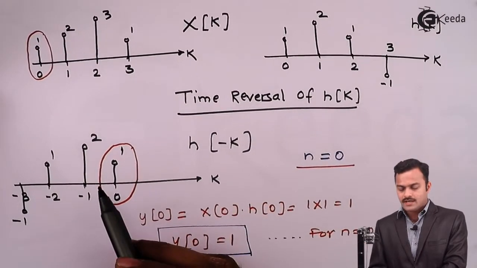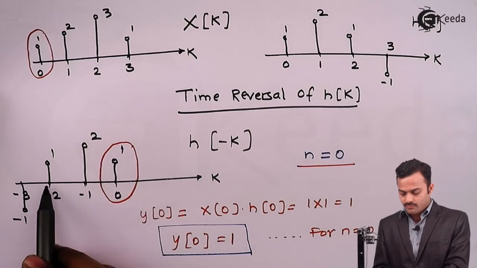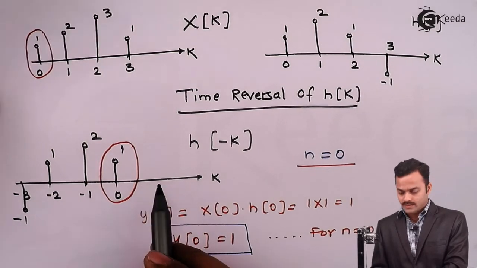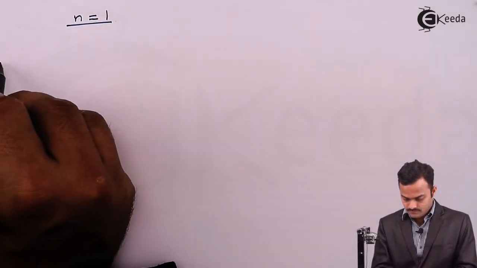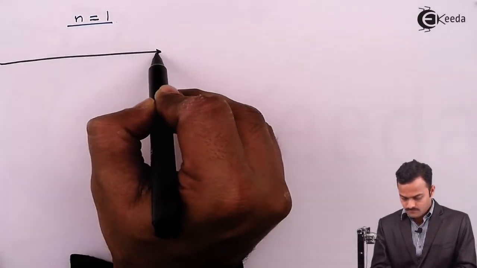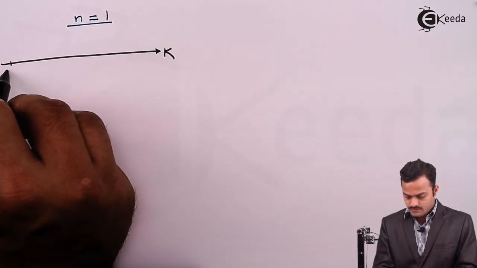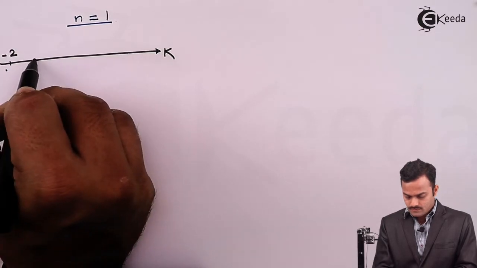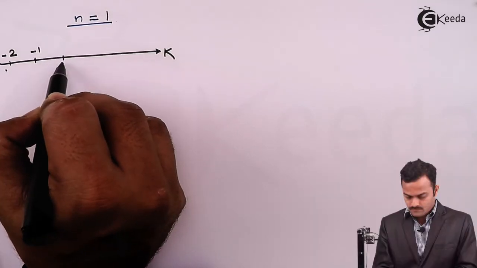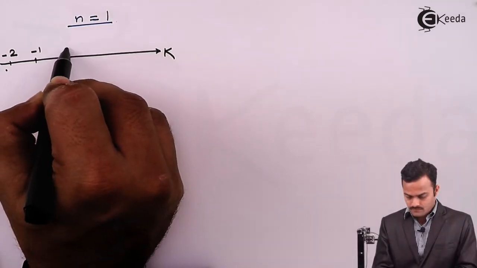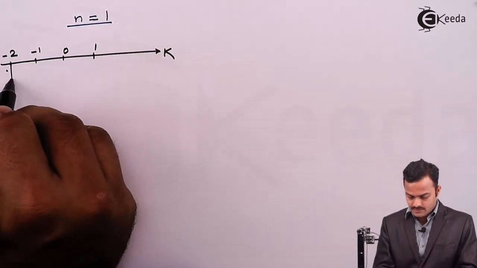This we need to advance, that means towards right by 1 unit, so that it will start from minus 2 and it will end at 1. So you'll get a signal like this.